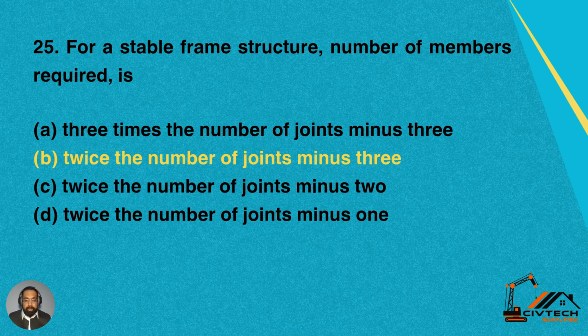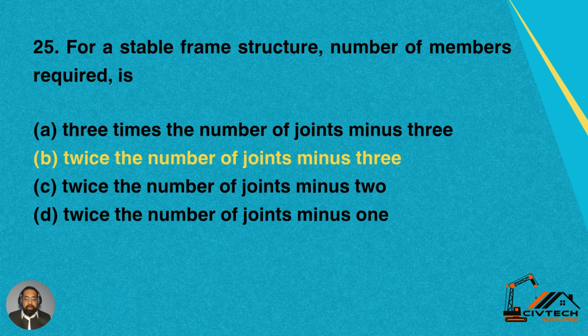Question 25. For a stable frame structure, the number of members required is: what should be the number of members required for a stable frame structure? Option A, 3 times the number of joints minus 3. Option B, twice the number of joints minus 3.